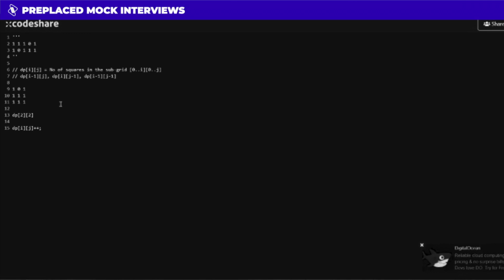Can you write pseudo code for that? Yeah. So basically for ij, this would be for int i equal to 1, because 0 would be the base case, and let's assume that n is the number of rows and m is the number of columns.